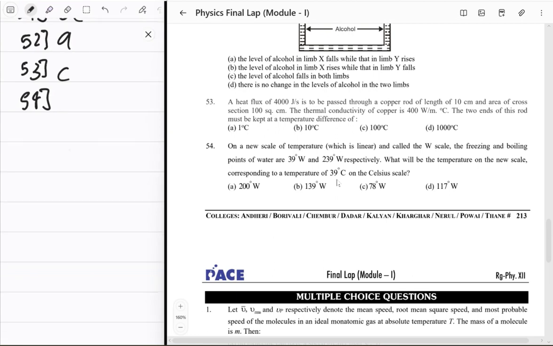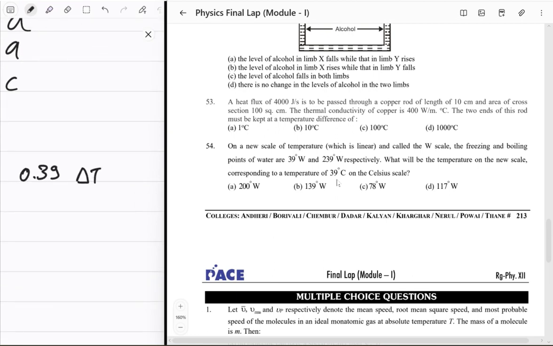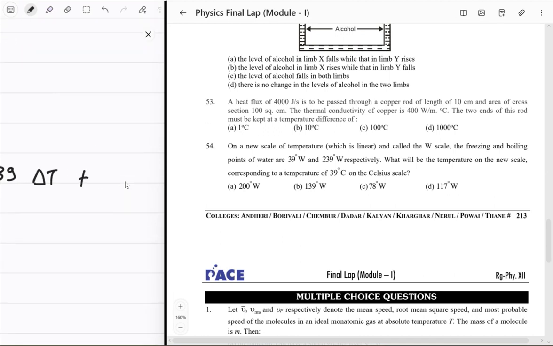तो फिर कितना, मतलब 0.39 times delta T बोल देते हैं, delta T is like the change in temperature in the W scale between boiling and freezing, right? तो उसका 0.39, yeah, and that thing plus जो freezing पे तुम्हारा temperature था, which is 39, that will be the thing. Makes sense.